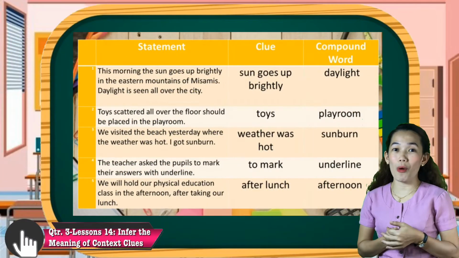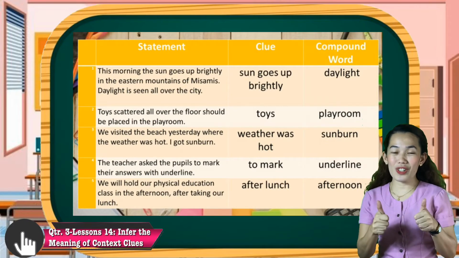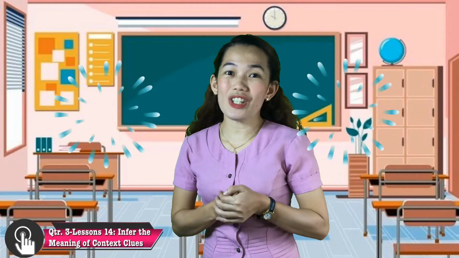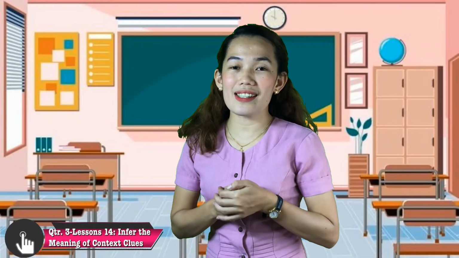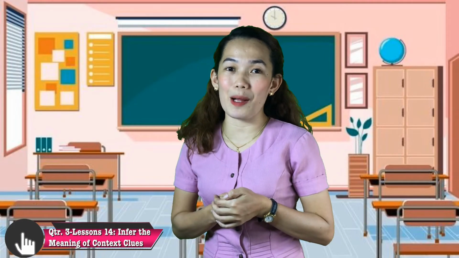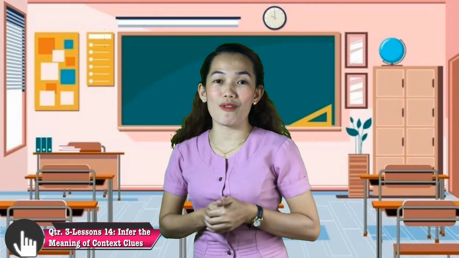If you got all the items correctly, congratulations! Great job for making it this far! Context clues are such a big help, right? Yes, it is! So, let's move on to how to infer the meaning of context clues.